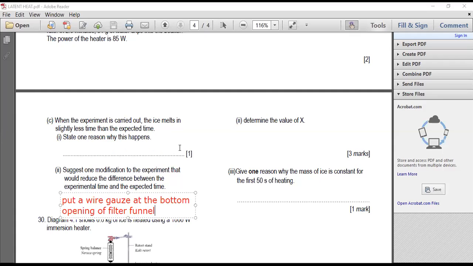Or just put a wire gauze at the bottom of the filter funnel also can.